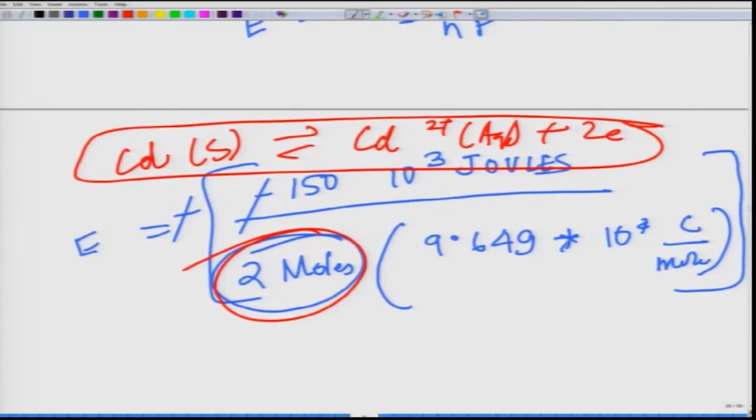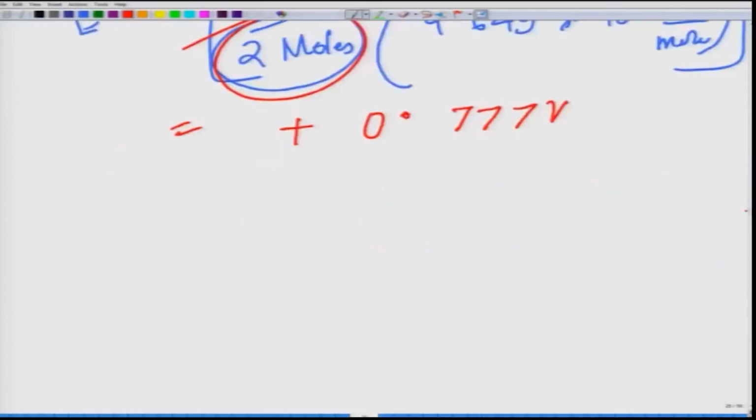So, 2 moles there, minus becomes plus, and 150 multiplied by 10 to the power 3, and if you do this whole calculation yourself, what you will get is plus 0.777 volt. This is a spontaneous chemical reaction: negative delta G produces a positive voltage.